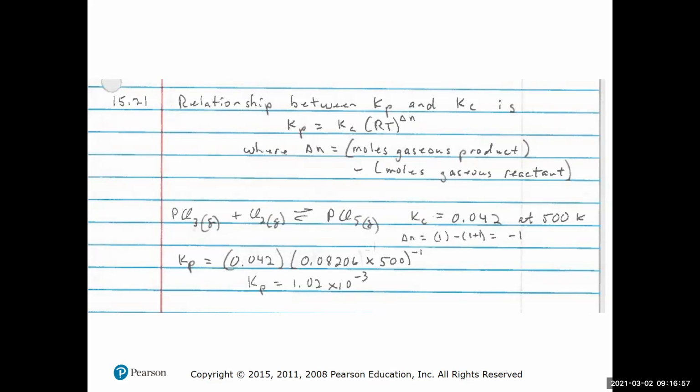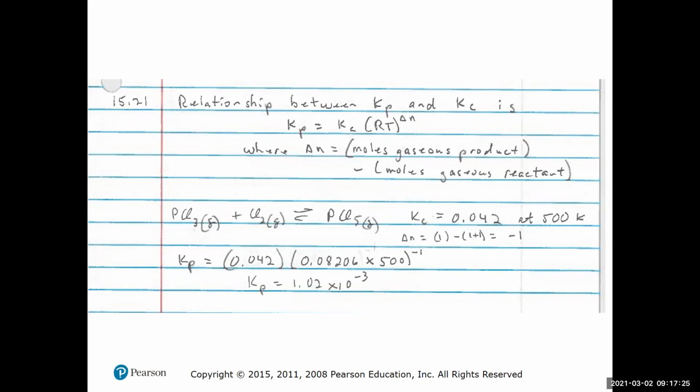So we go back to our balanced equation, PCl3 plus Cl2 going to PCl5. What we see there is 1 mole of gaseous product and 2 moles of gaseous reactants. So we can solve for delta N: 1 minus 2, for a value of -1.